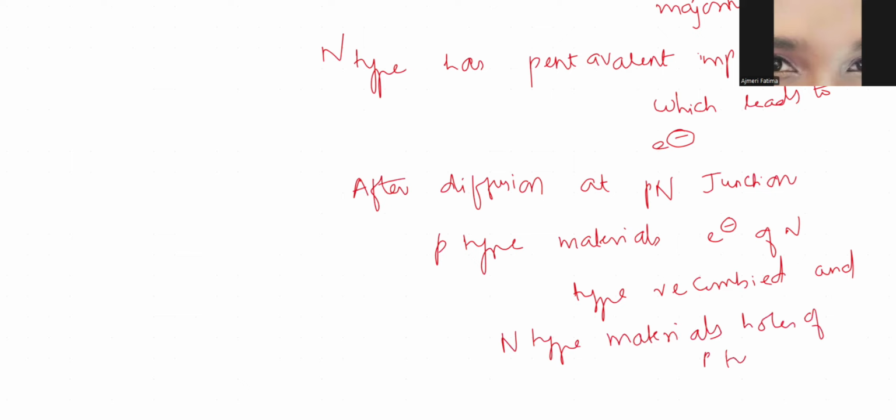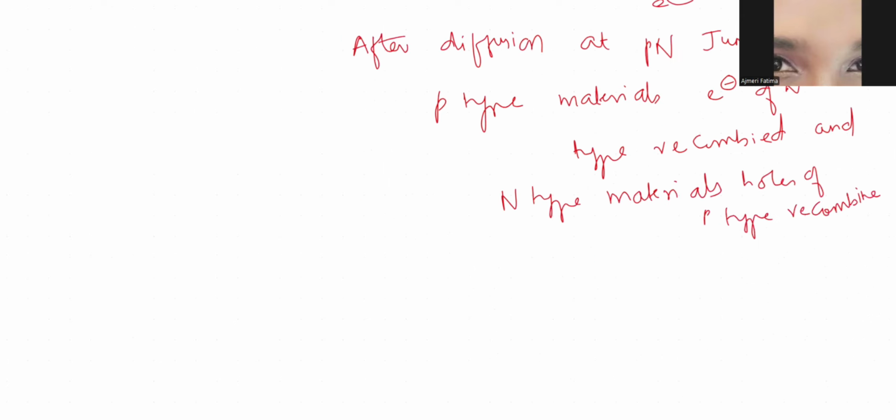So electrons and holes are both meeting at the p-n junction. That is why it is called p-n junction. For example, this is p-type and this is n-type. In p-type, you'll have holes, whereas in n-type, you'll have electrons. At the p-n junction, both will combine.